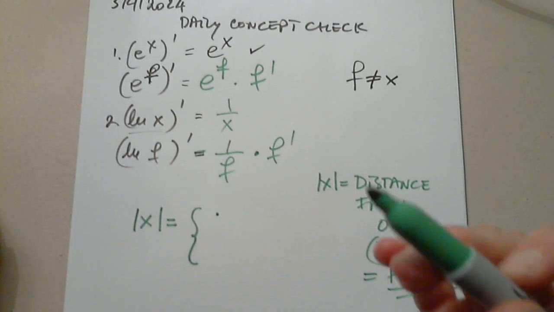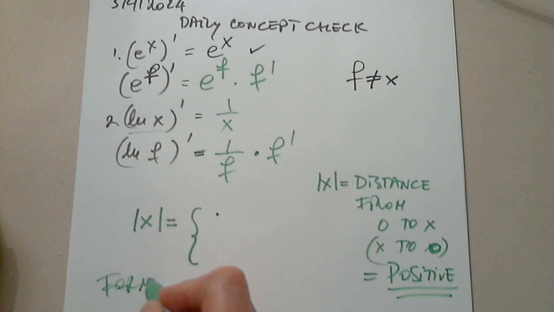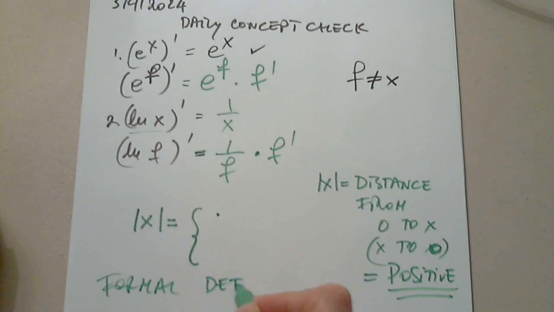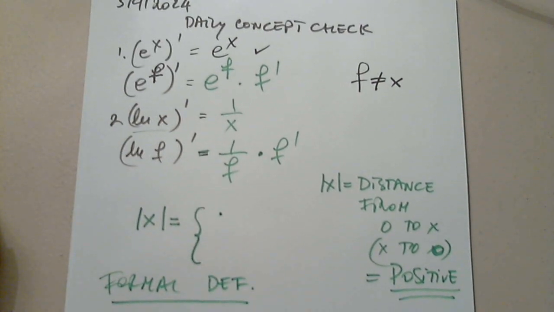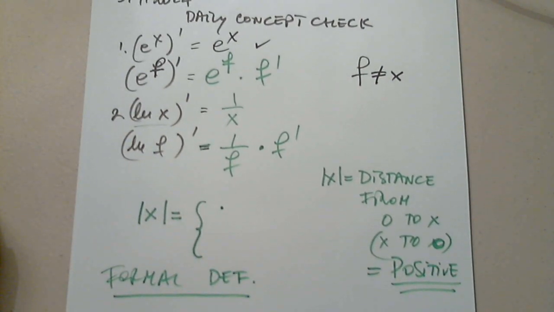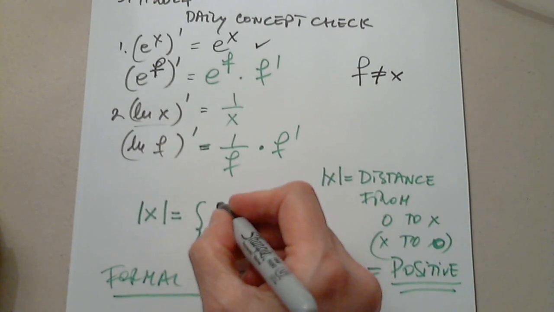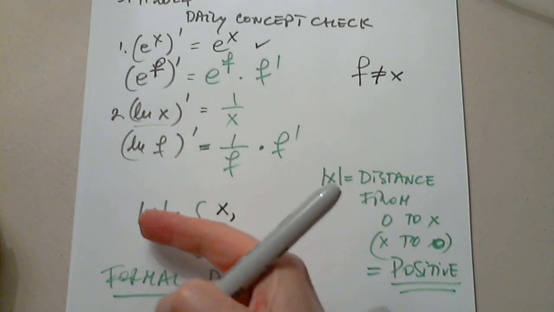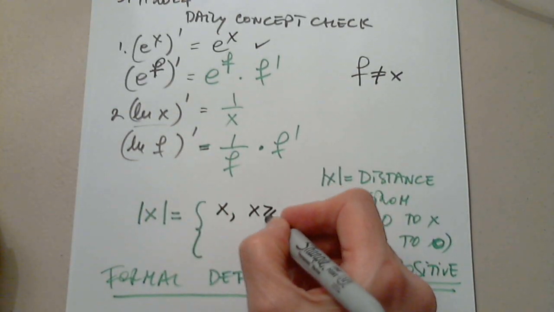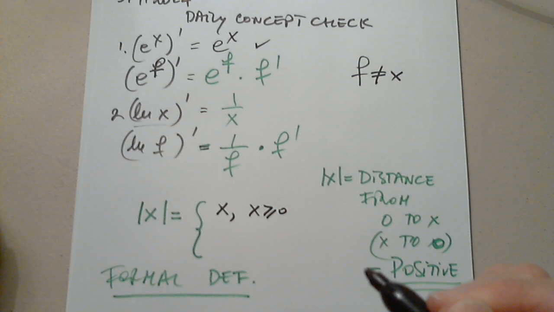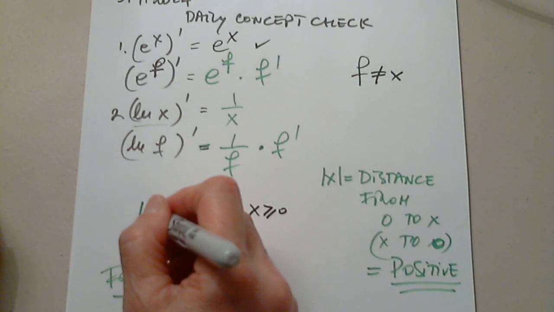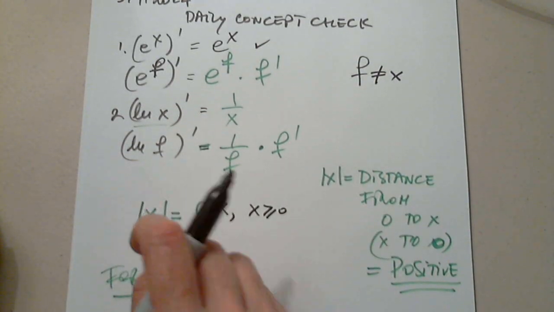Great job. But the formal definition of the absolute value is this. It's x if x is positive or 0. In other words, if this is a positive number, you can erase the absolute value.